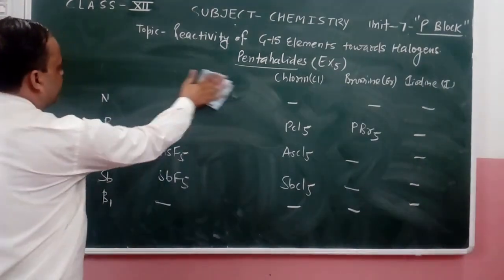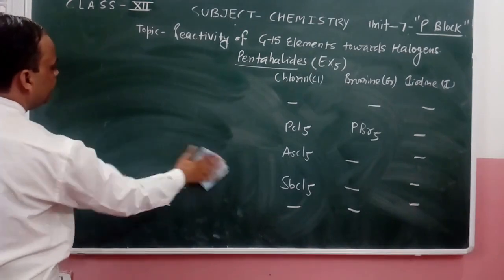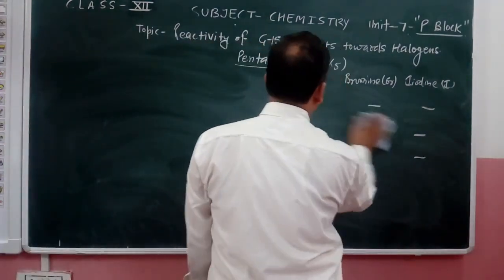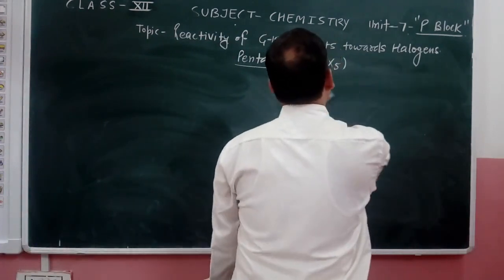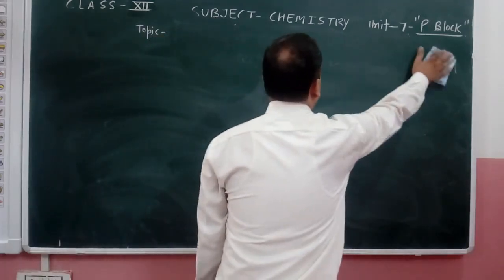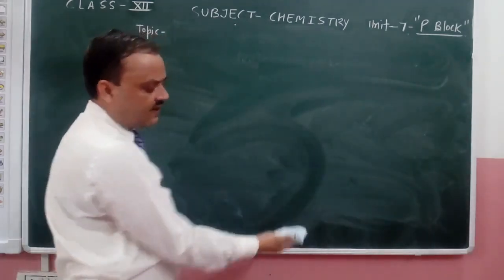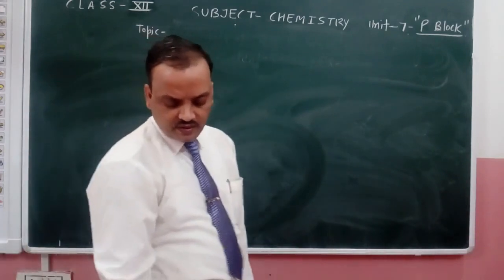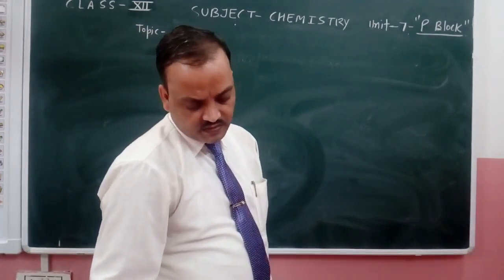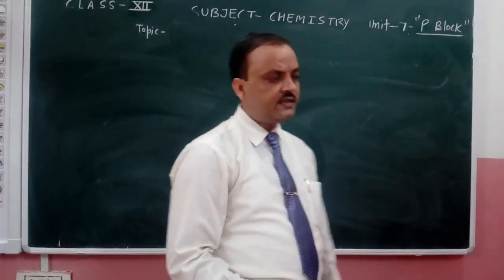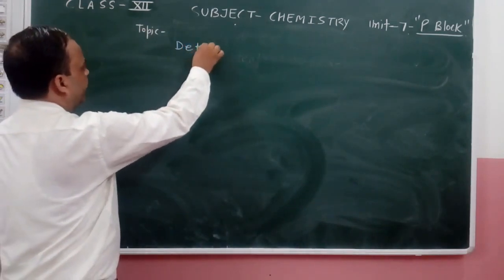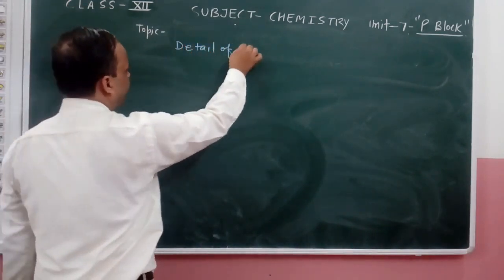Now we have to discuss the properties of these halides formed by the elements of group number 15. In this case, what condition we have? First, we have the trihalides. What kind of structures? Details of the trihalides.